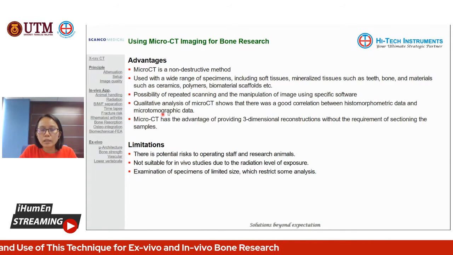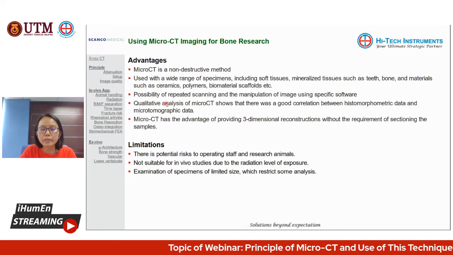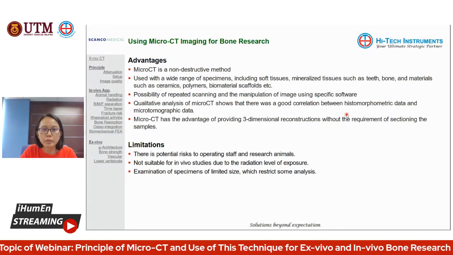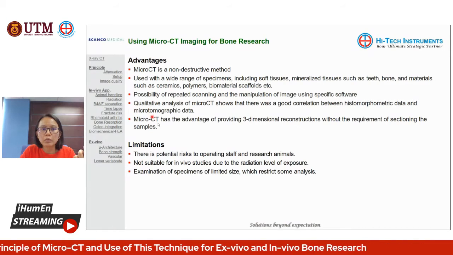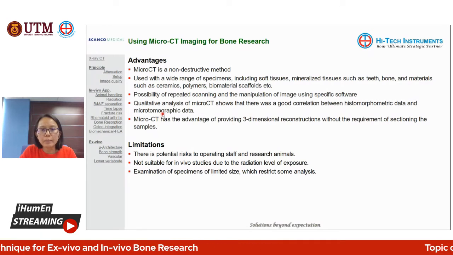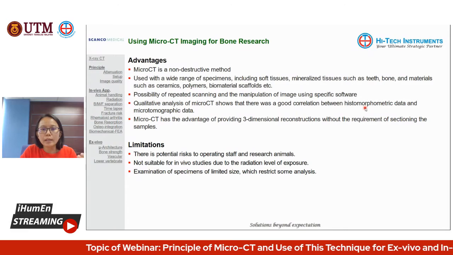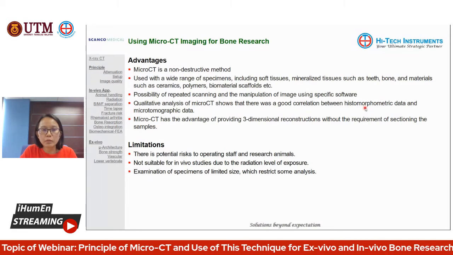Another advantage is that you can obtain a lot of both qualitative and quantitative data. For qualitative, it shows a good correlation between histomorphometric data and micro tomographic data. There are a lot of papers showing the correlation between the cross section and the microtome section of a tooth, compared to the micro CT data.